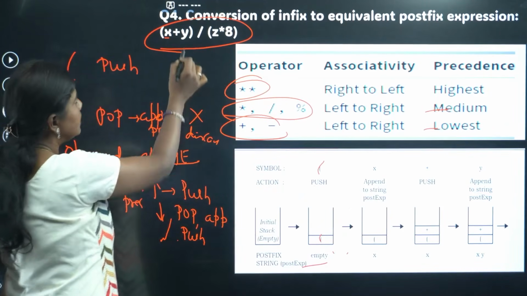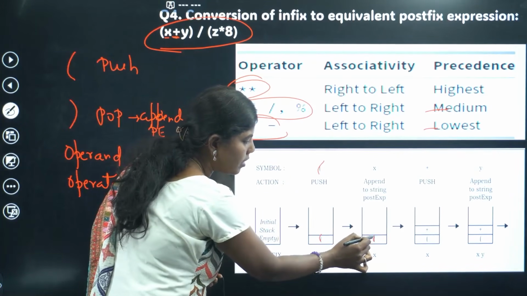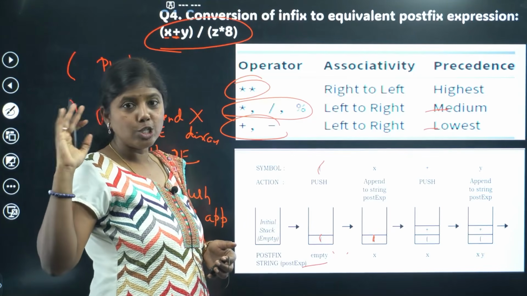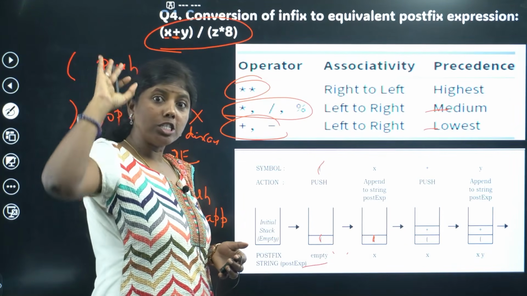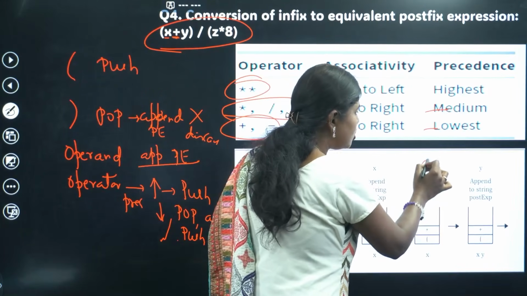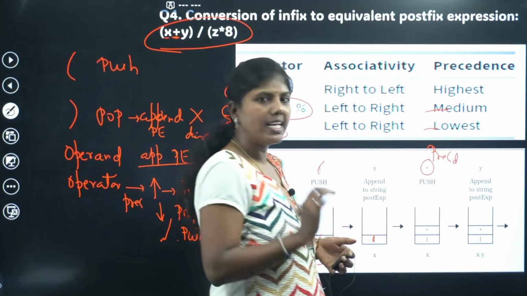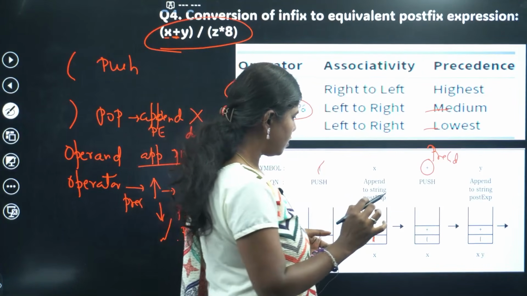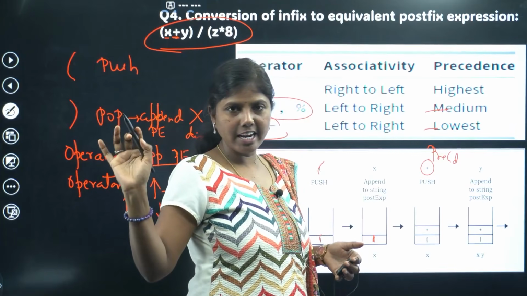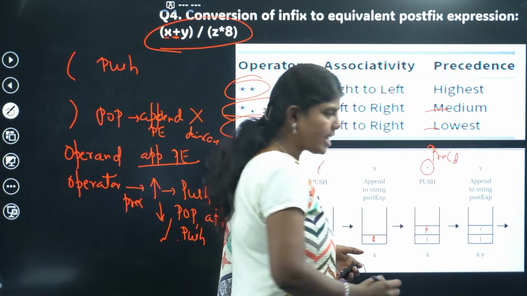For an operator, you check with the stack operator's precedence. Parentheses will always have least precedence. Don't worry about it at all. So plus is having greater precedence. I have to check plus with the parenthesis. It is having greater precedence, only plus. That's why I'm going to push to the stack.